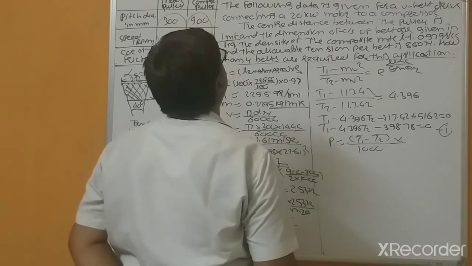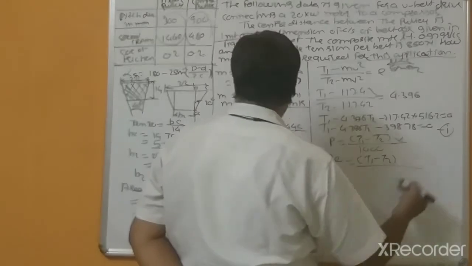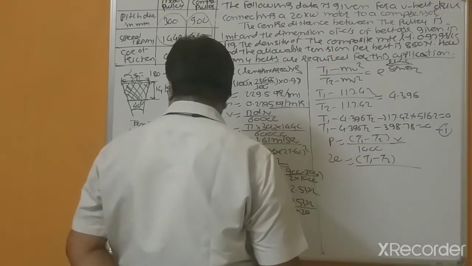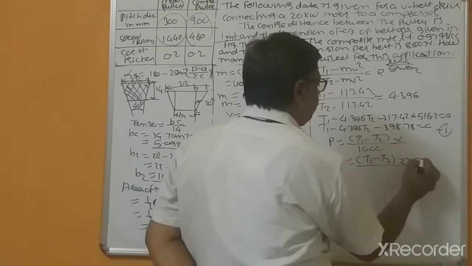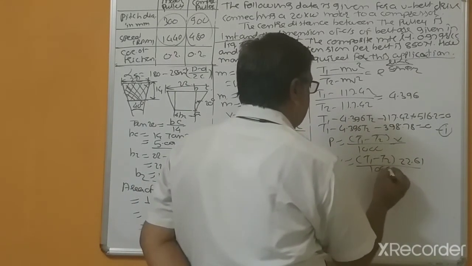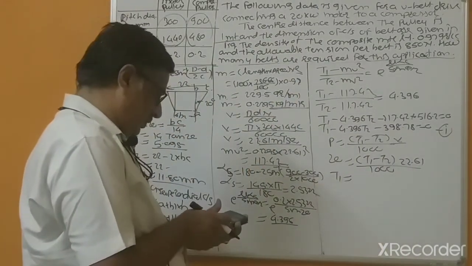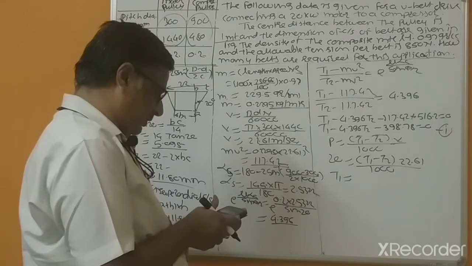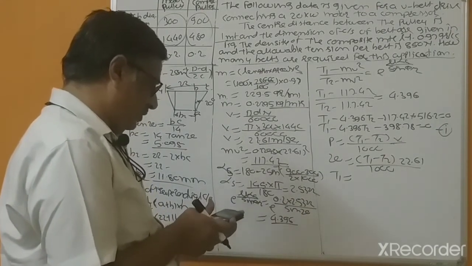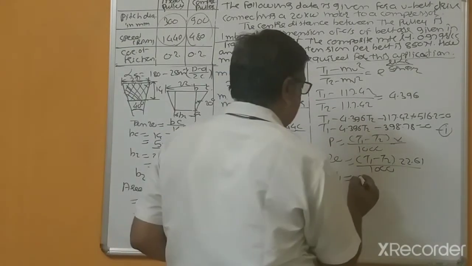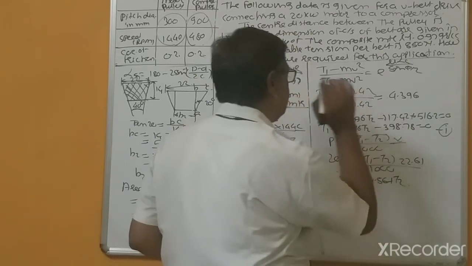Now by using the relation P equal to (T1 minus T2) V divided by 1000. P equal to 20 kilowatt, V equal to velocity 22.61. So T1 minus T2 equal to 20,000 divided by 22.61 equal to 884.56. So T1 equal to 884.56 plus T2.